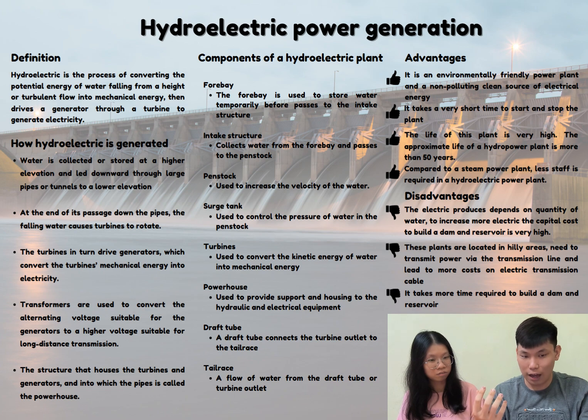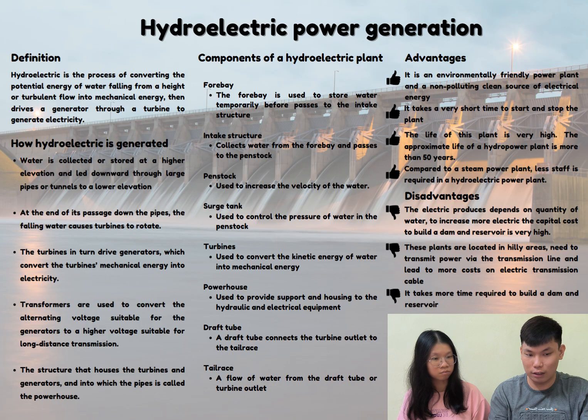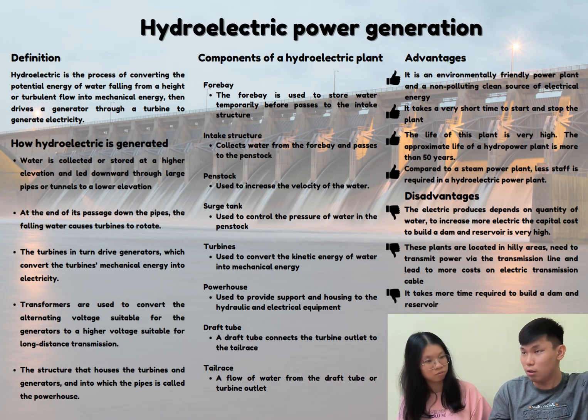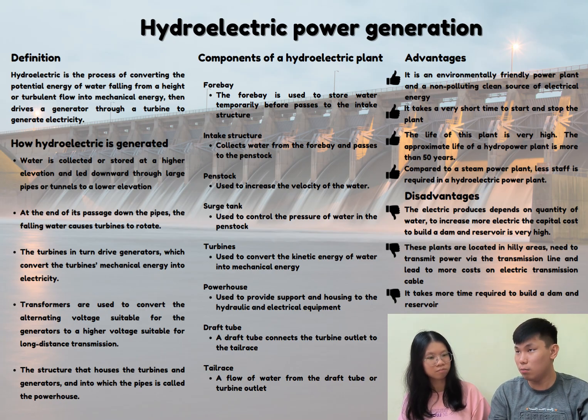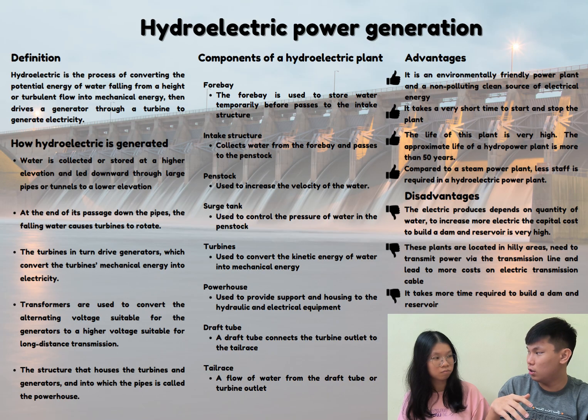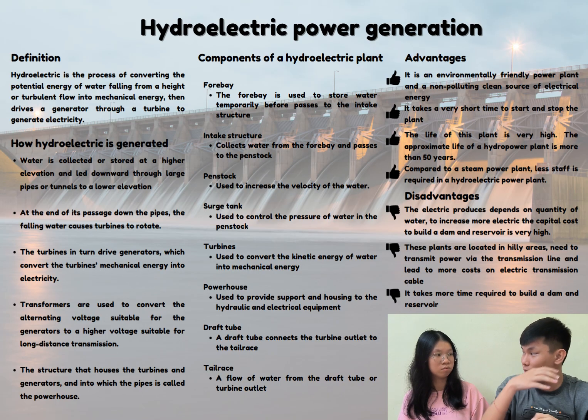Those plants are located in high areas and need to transmit power via transmission lines, which leads to more cost on electric transmission cable. When they build a hydroelectric power plant, mostly it is built on a higher place, so they need to build more transmission lines or cables downward to supply the electricity. Like spreading out.